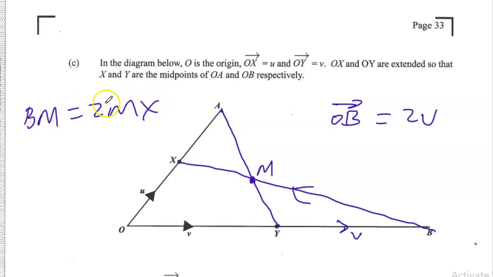And we're asked to find the vector BM. So they intersect at M, such that BM equals MX.